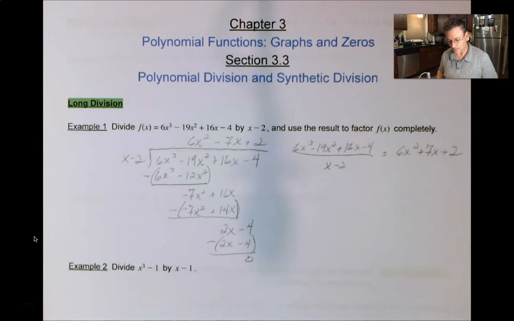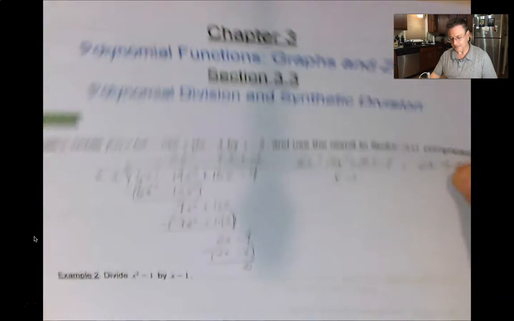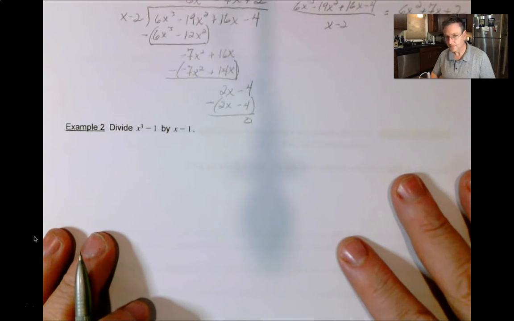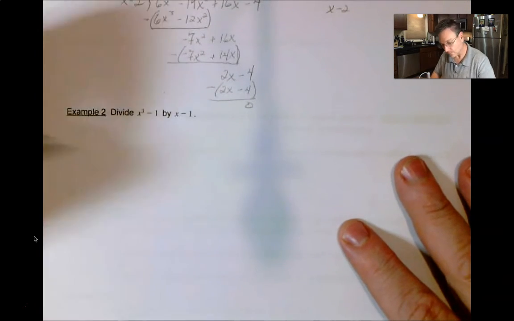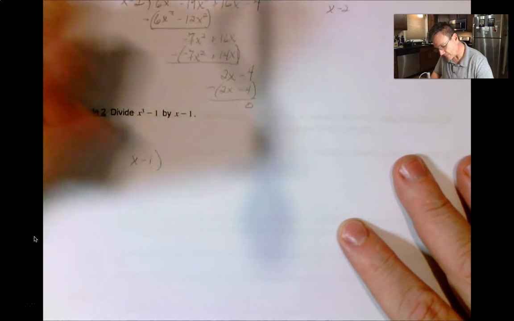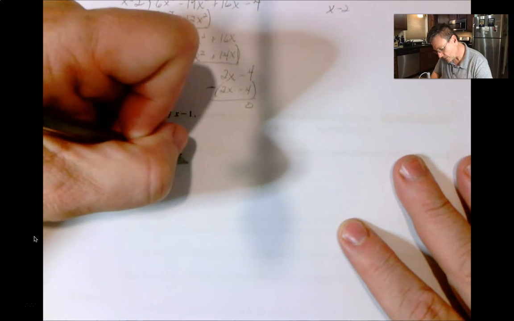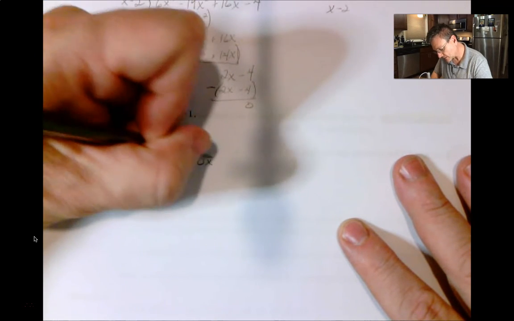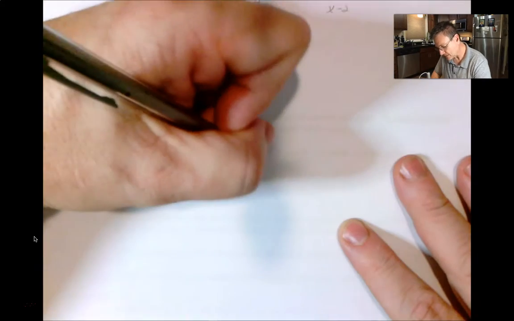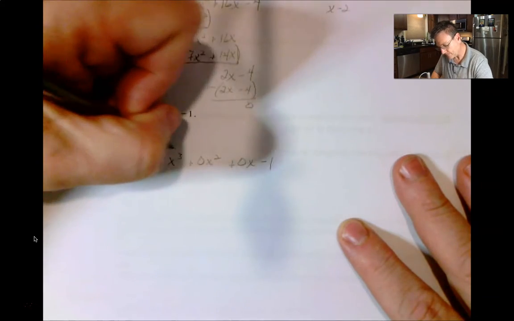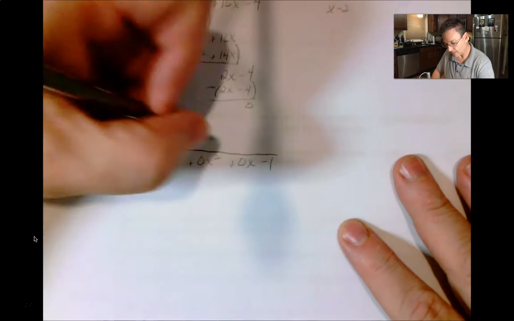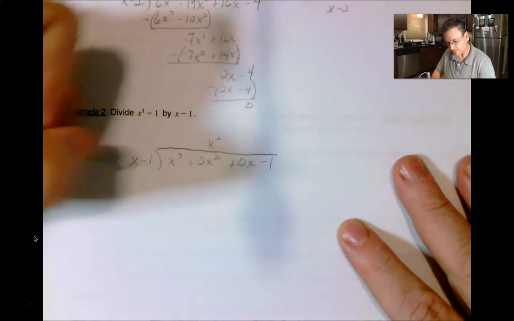Okay. Example 2, we're going to do the same thing. This time we are going to need some placeholders. So we've got x minus 1 on the outside, x cubed plus 0x squared plus 0x minus 1. Multiply by x squared. Distribute.